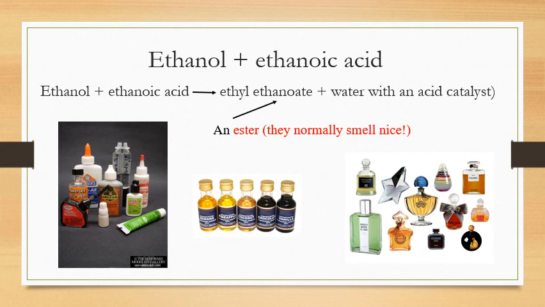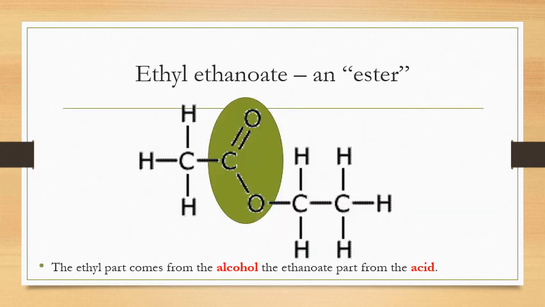Okay, so essentially what happens is you've got an alcohol, a carboxylic acid, they form the ester with water. But you need to also use an acid catalyst to speed up the reaction, and maybe slightly warming temperature, about 40-50 degrees. But we'll work on that as an experiment in class. So this is an example of the ester.